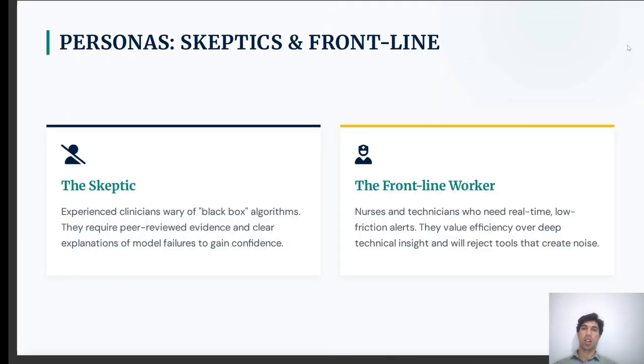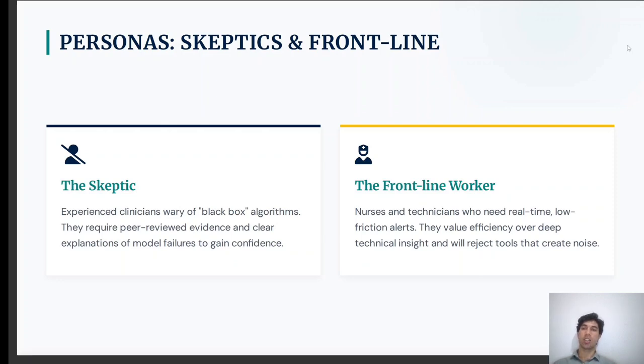The other personas include the skeptics and frontline, etc. The skeptic is basically experienced clinicians who are very wary of black box algorithms. They require peer reviewed evidence and clear explanation of model failures to gain confidence.